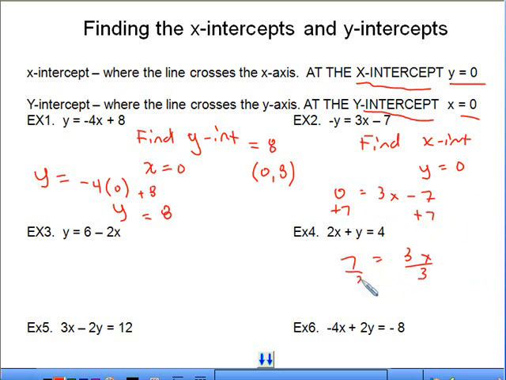Divide by 3. So x is going to equal 7/3. So the x-intercept is 7/3. I know that's an improper fraction. You could change it to a mixed number later. So the coordinates would be 7/3 and 0.